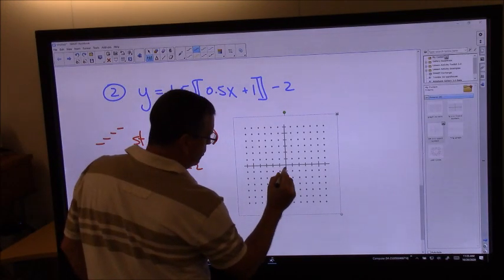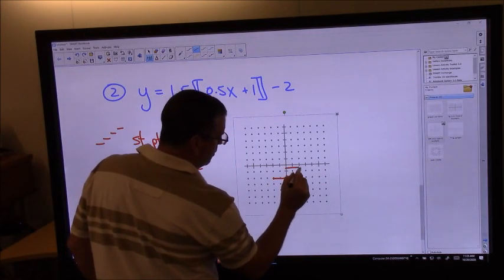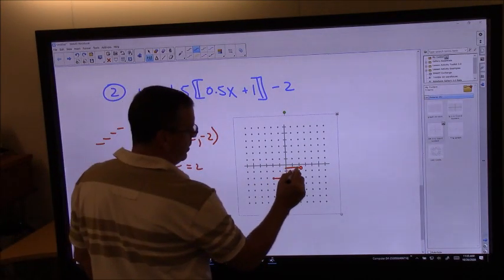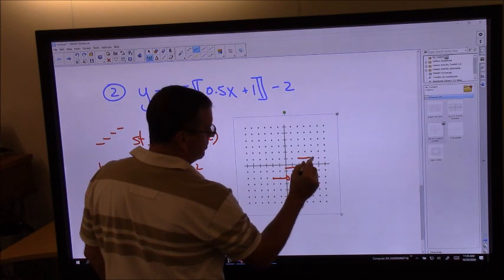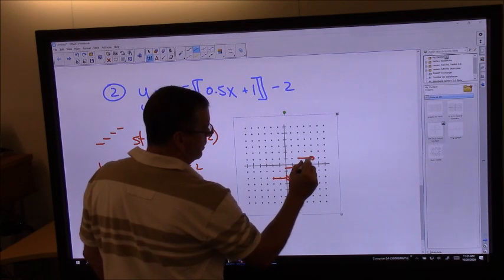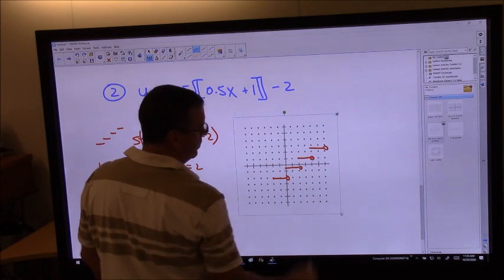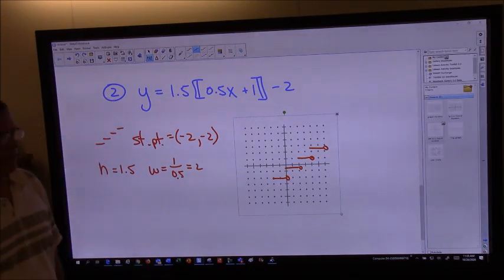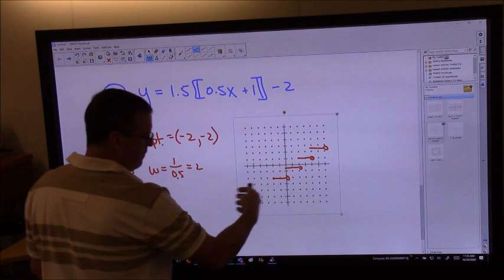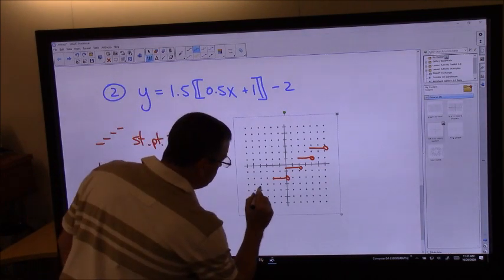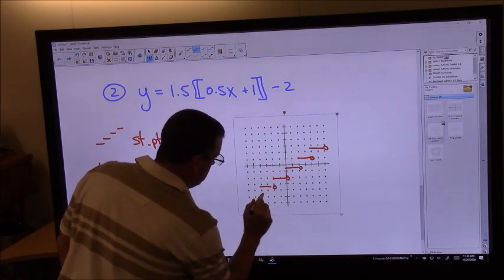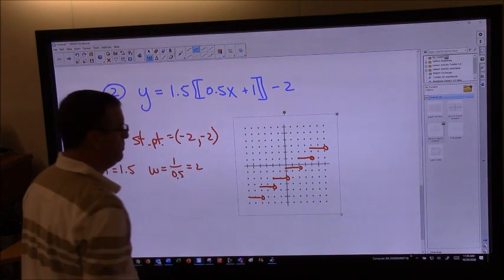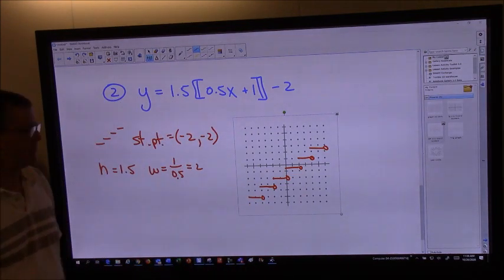So that would be to right here and go across and another open circle. And then go up another 1.5 units, open circle. And then another 1.5, there it is. I've drawn 4 steps. If you want to quit right there, you can. I know some people like to go ahead and fill up the space. So here's another one. And here's another one. That didn't take me that long to do that.